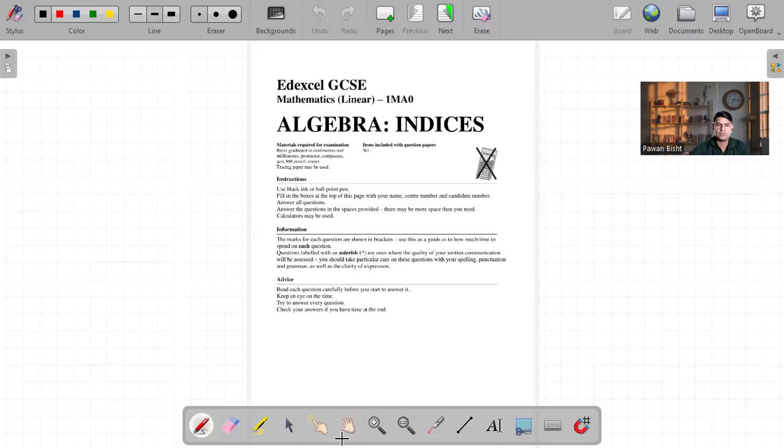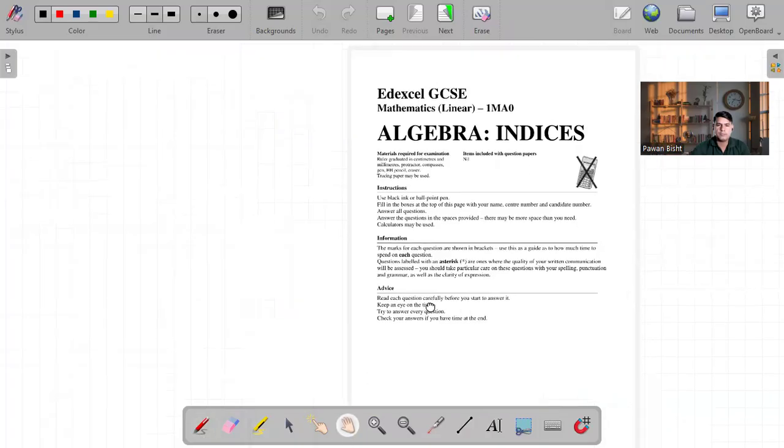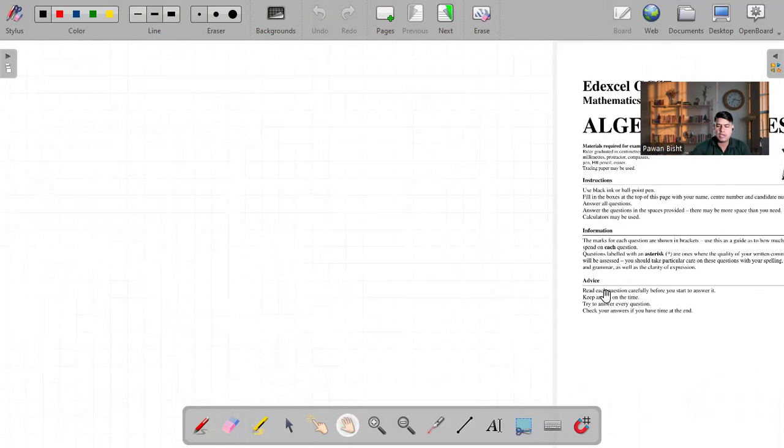Dear students, today the topic that we are starting is algebraic indices. Before starting with the topic, first of all, I will discuss some basics. There are some basic formulas that we have to start with. The first formula is a to the power m times a to the power n.